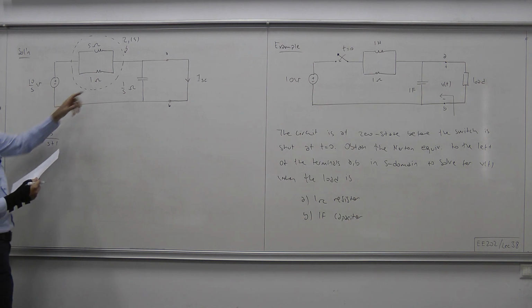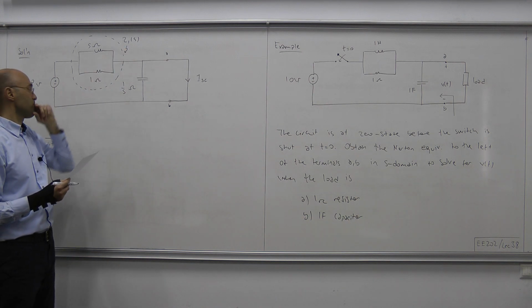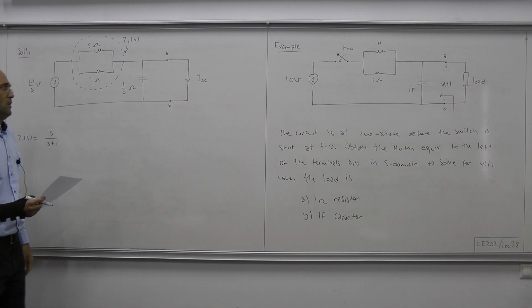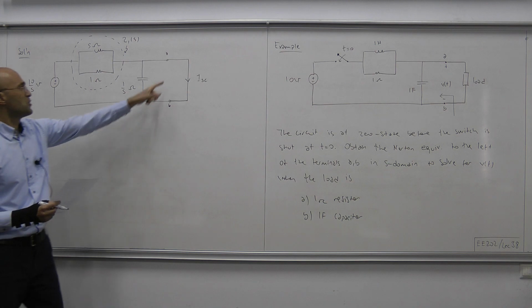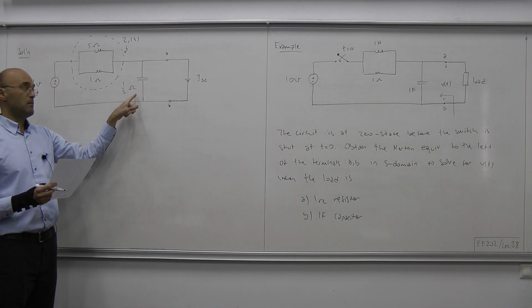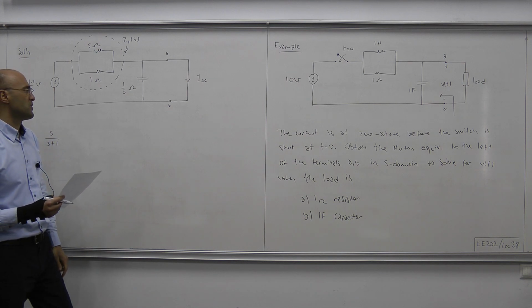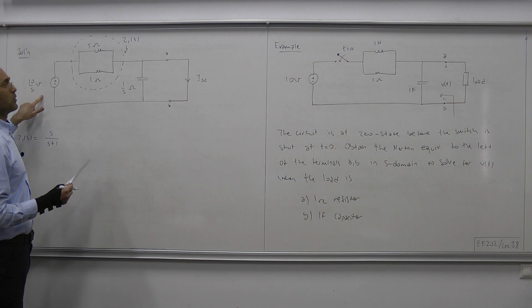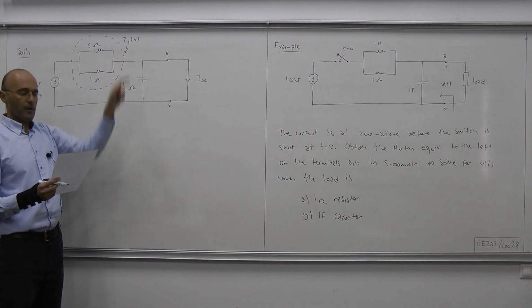And then once Z1 of S is figured out, which is here, S over S plus 1, the short circuit current is simple to compute. Since this is shorted, this impedance has no effect. The impedance due to the capacitor has no effect on the short circuit current. Short circuit current simply is the voltage of the voltage source divided by this Z1.